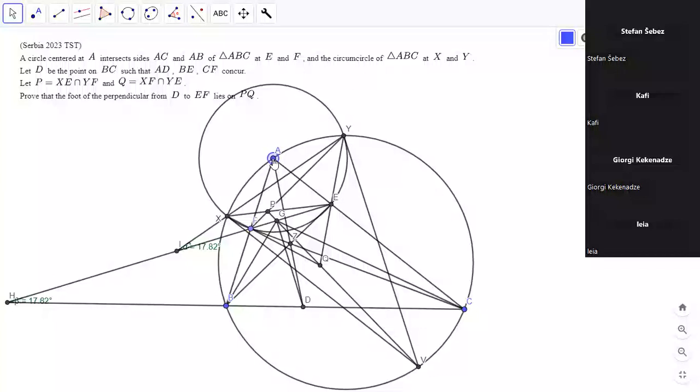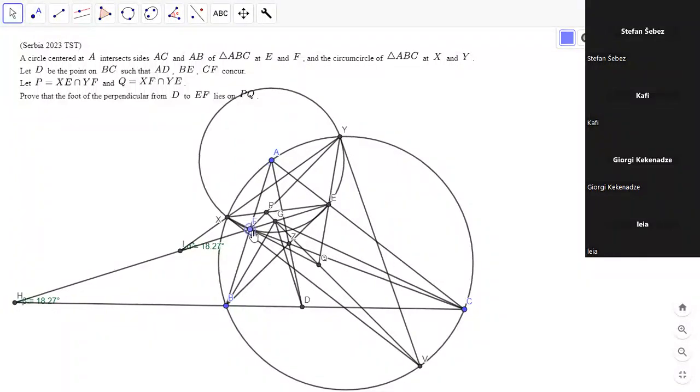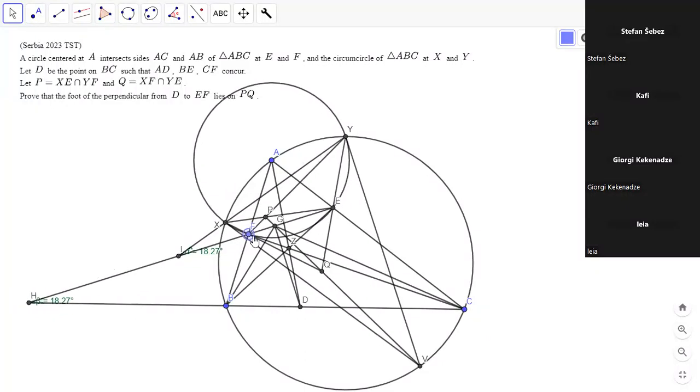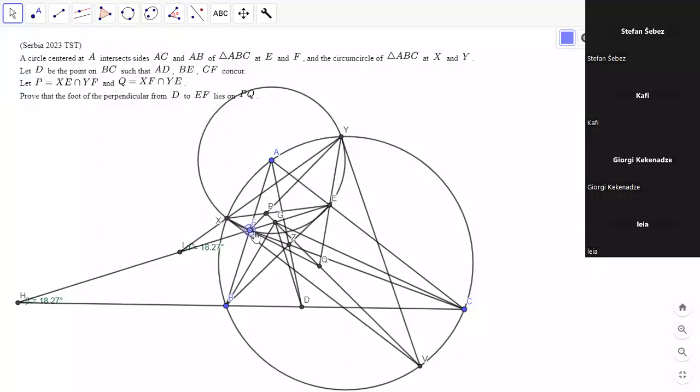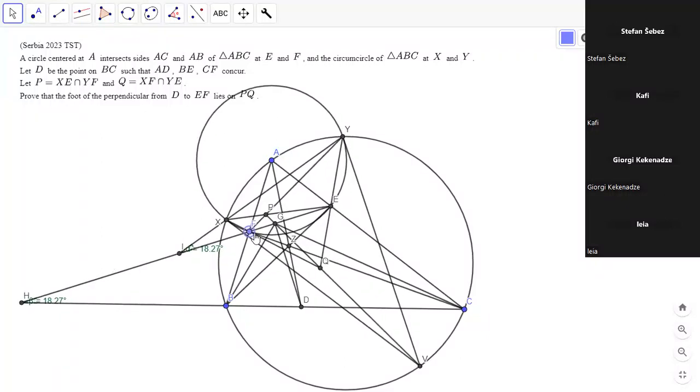Why is that true? I don't know if that's obvious, or if that's just an angle chase. Might just be an angle chase.